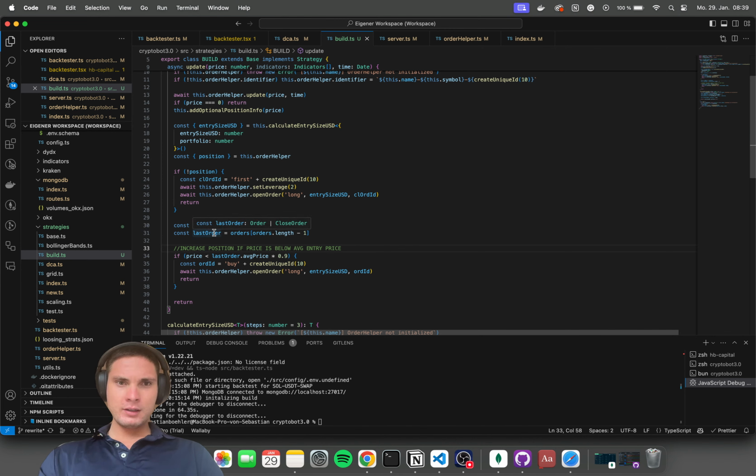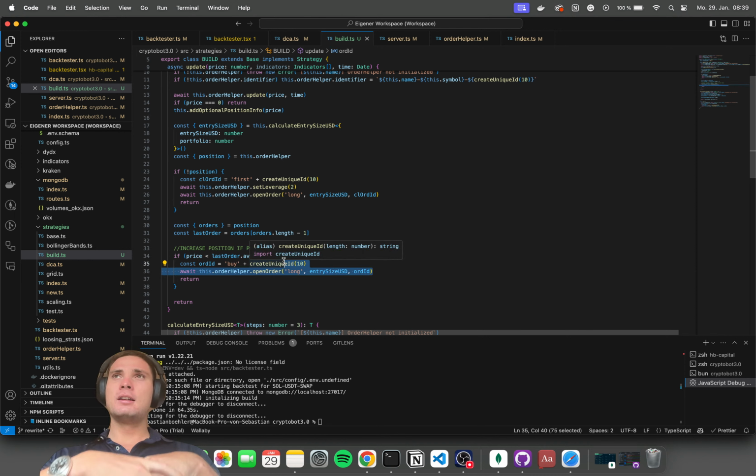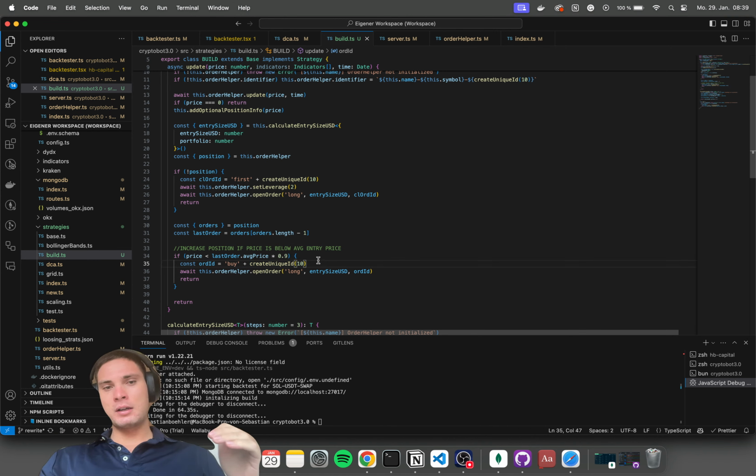because let's say the price fell below the average entry price by 10%, then we buy, and if this doesn't move the average entry price far enough down, we would really fast fall below our 10% threshold here again.